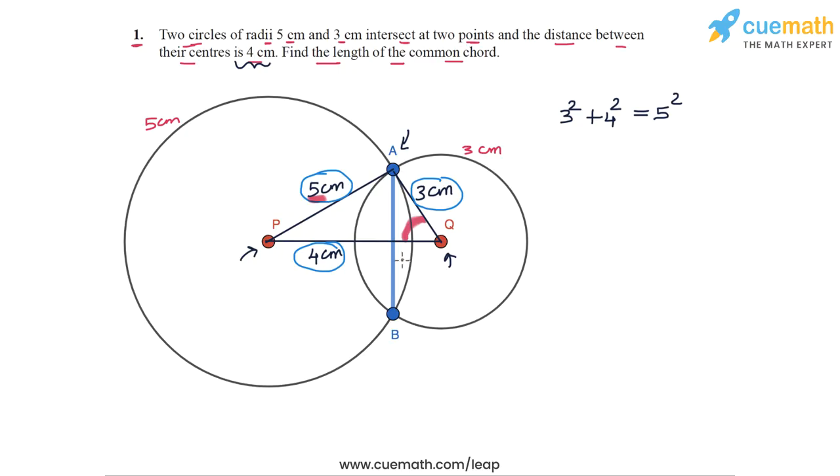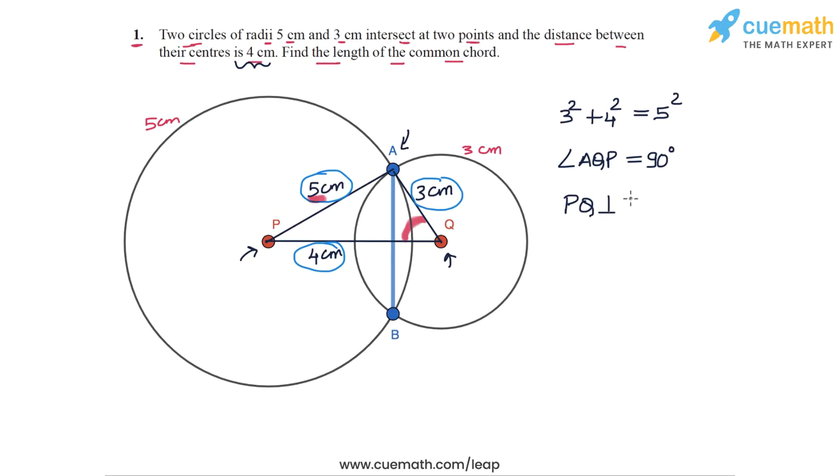It doesn't look like 90 degree in the figure because I have not drawn it that way, but this angle should be 90 degree. So angle AQP should be 90 degrees. In other words, the segment joining the two centers PQ must be perpendicular to the radius of the smaller circle.